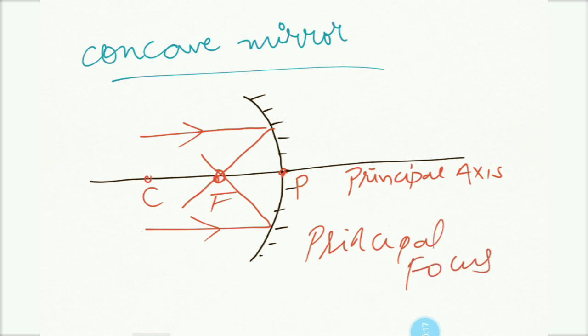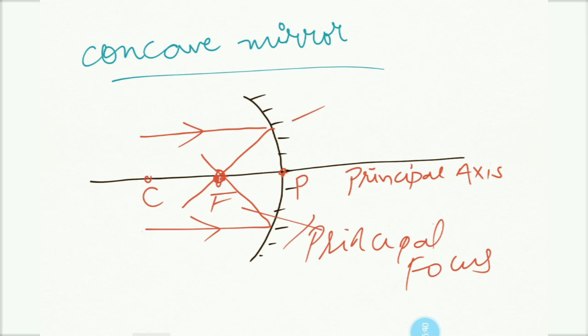Principal focus I have written here. Okay, so see, when a beam of light is parallel to the principal axis, then after reflection it will appear to meet in one point. It actually meets or appears to meet in one single point, that is the focus.